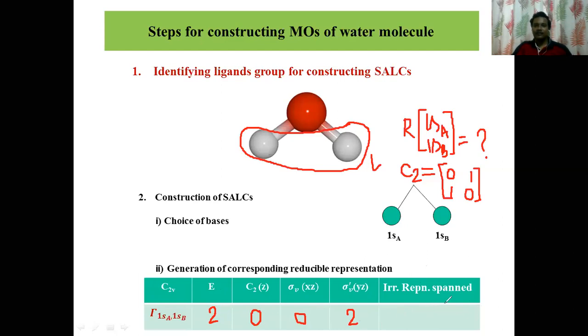So for that we need to reduce this using the reduction formula, whatever we learned earlier. That is basically how many A1 are going to be there, how many B1, like this.